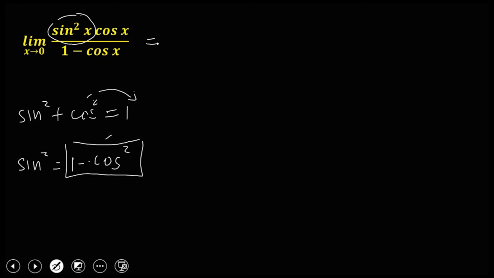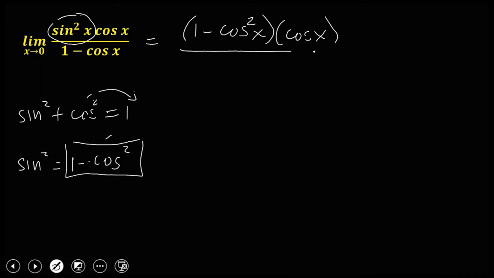So we have now our new equation: 1 minus cosine squared x, then times this cosine x, then over 1 minus cosine x.